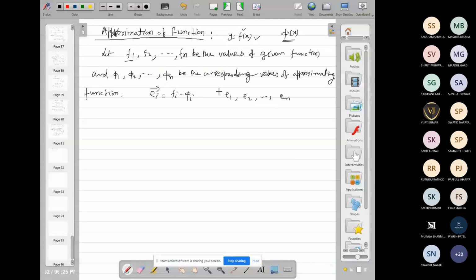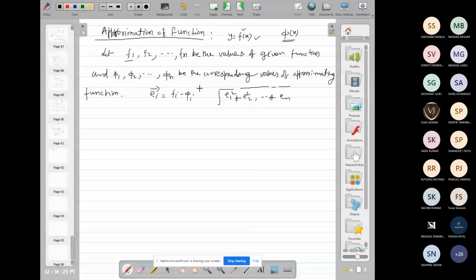Then if we consider the sum of the squares of the errors, E1 square, E2 square, and so on, and it is minimum, then this approximate function provides more accurate values. So this is done by approximating a function.